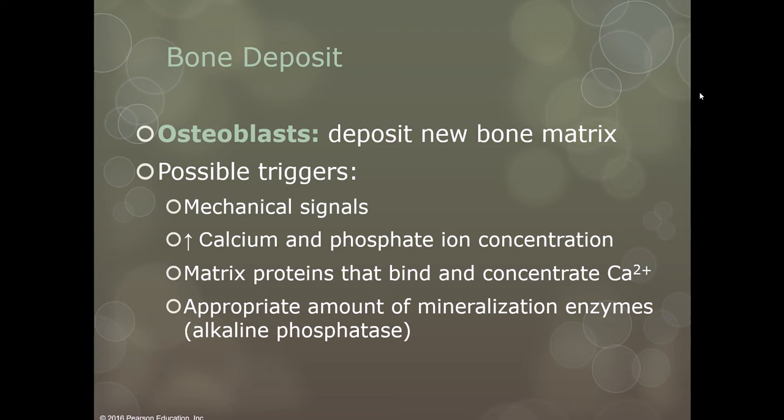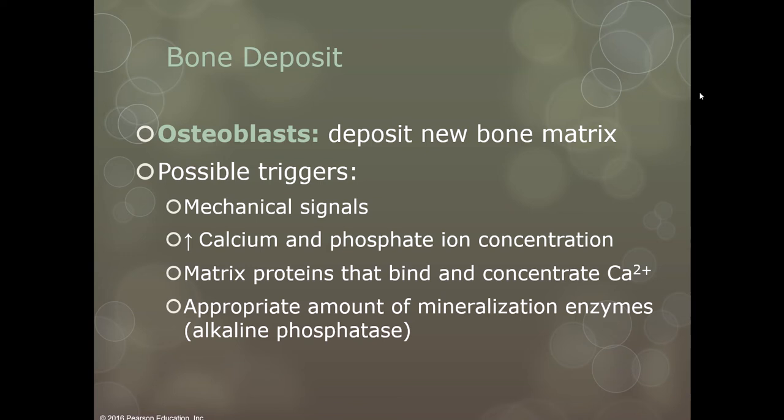The osteoblasts, with a B, are responsible for making new extracellular matrix, making new bone tissue. Typically, there are mechanical signals that will trigger when new bony tissue is made.